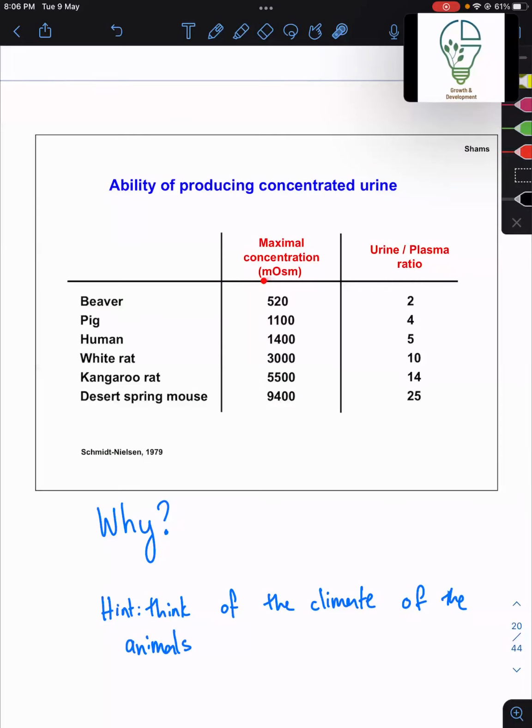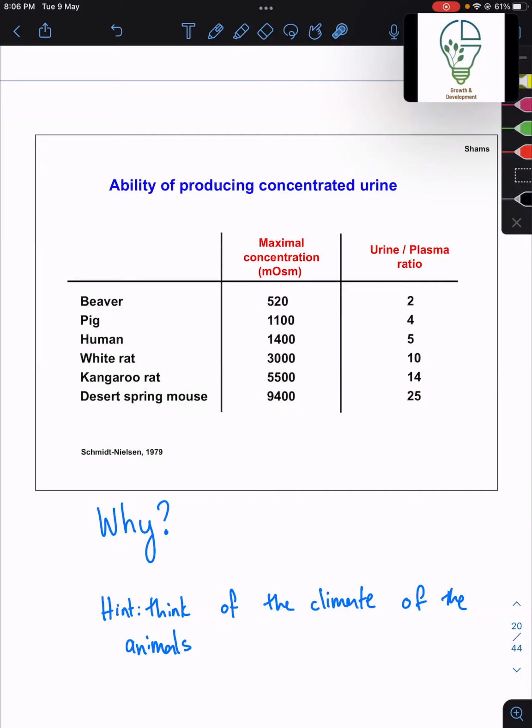So beavers have relatively dilute urine, and then the desert spring mouse has very concentrated urine. They're showing you over here that the urine of a desert spring mouse is 25 times more concentrated than their blood.